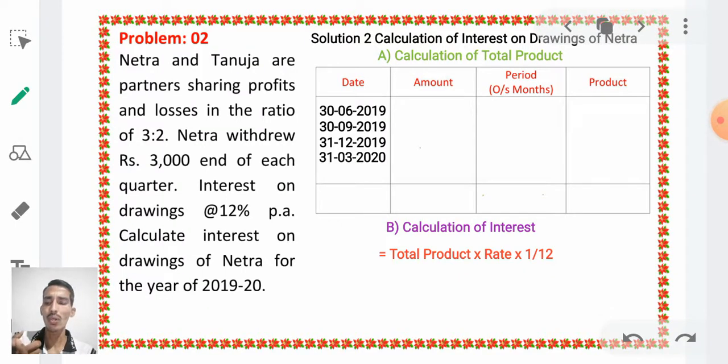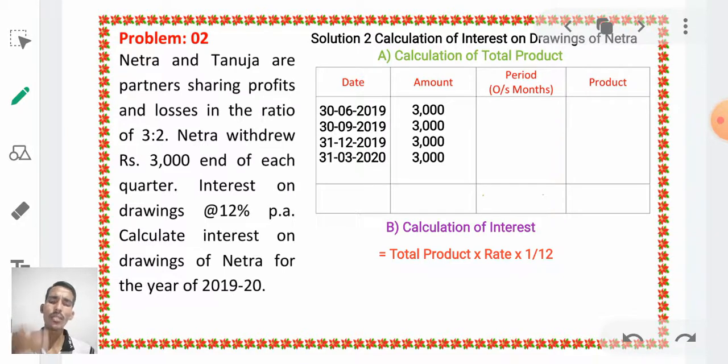Business starts on 4, 4, 5, 6, end of the 6, and 7, 8, 9, end of the 9, right. 10, 11, 12, end of the 12. Next 1, 2, 3, end of the third month. Is it clear? Amount is given 3000 each quarter, so we take 3000, 3000, 3000, 3000.